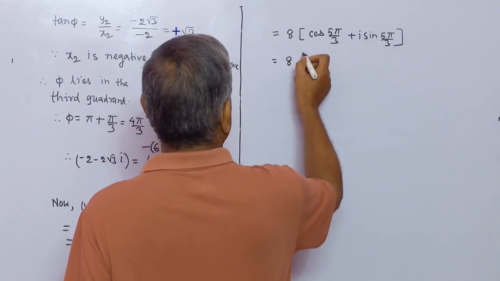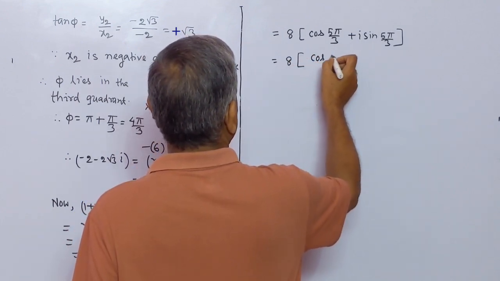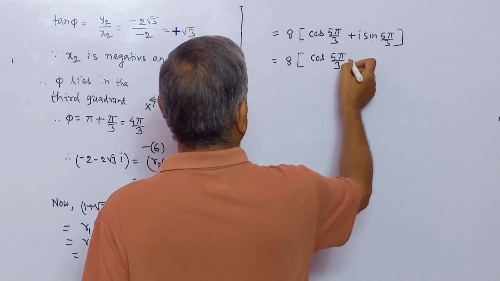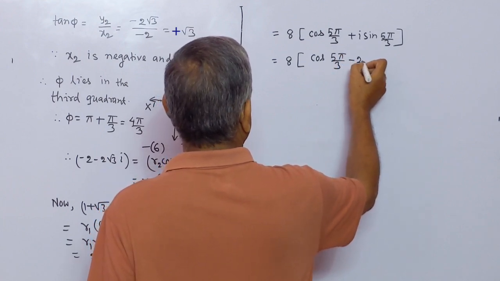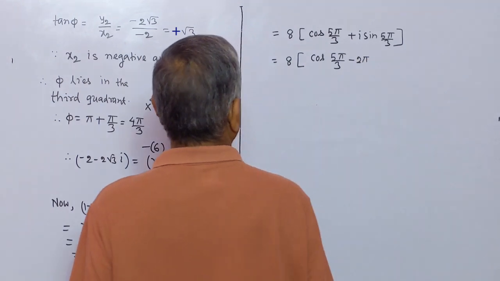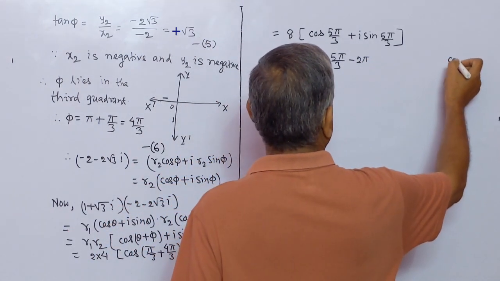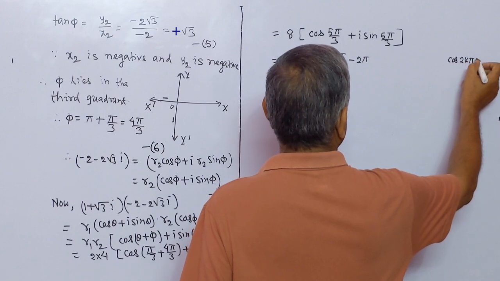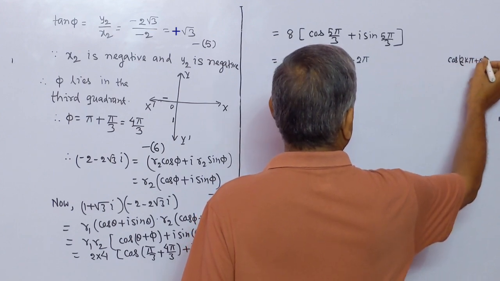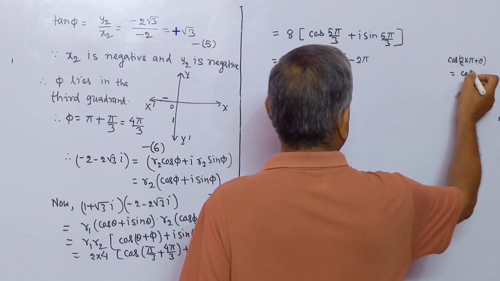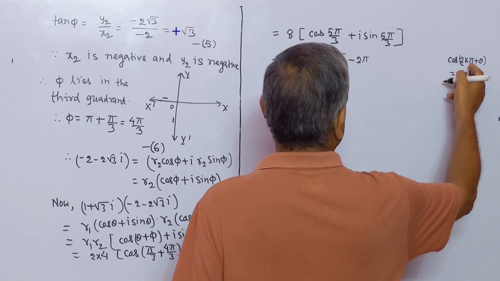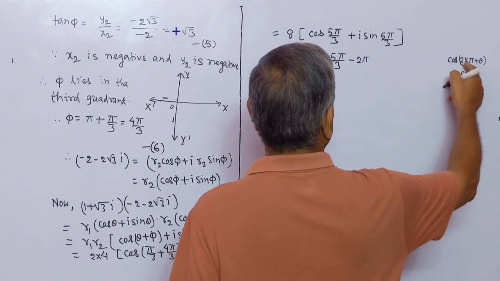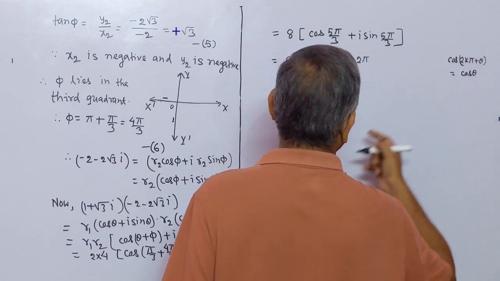This is 8. If we add minus 2 pi, here cos of 2k pi plus theta equals cos theta. If we take k equal to minus 1, then it will become minus 2 pi.